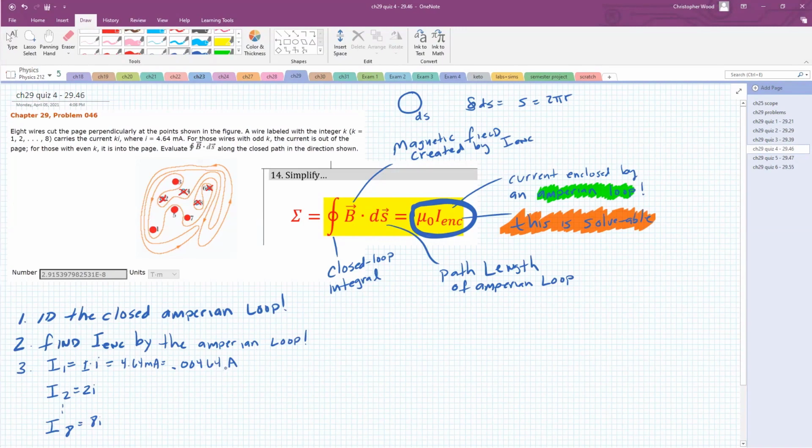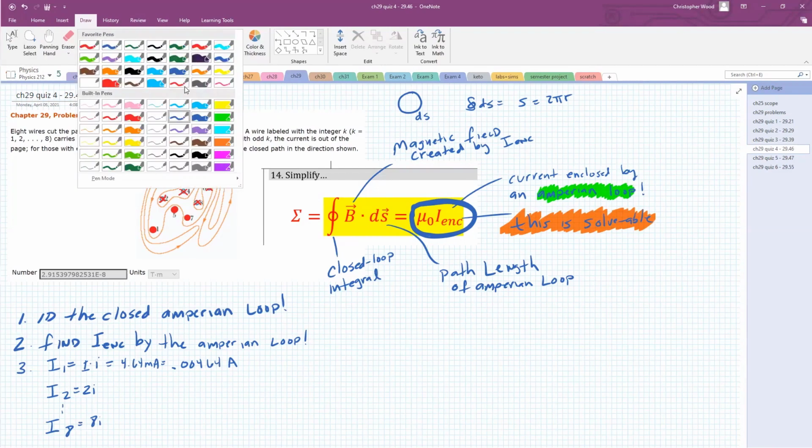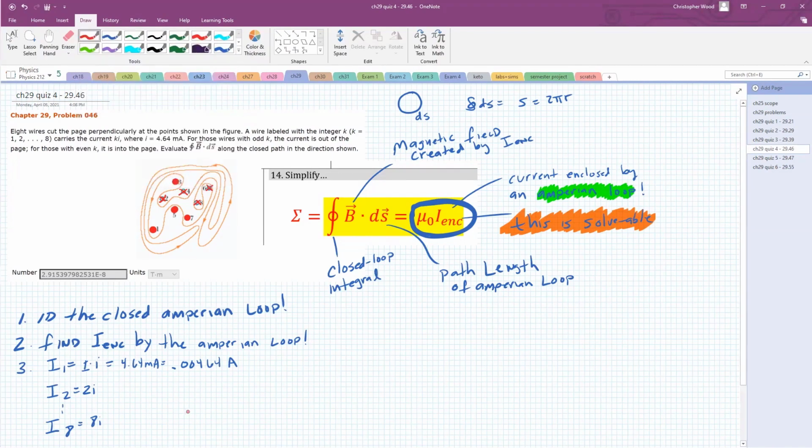And then once you figure out what's in and what's out, you basically sum them up. So any current that has an X, I'm just going to consider that negative. We're just dealing with magnitude, so I'm just trying to find the difference. Any current that has an X makes a negative contribution. Any current that is coming out of the page like that is making a positive contribution.